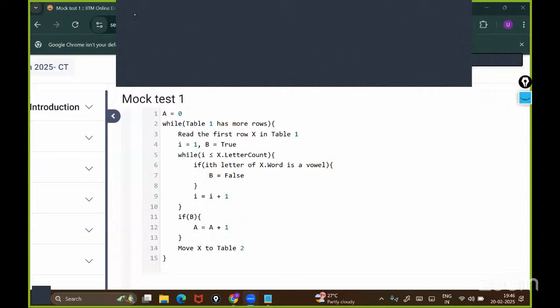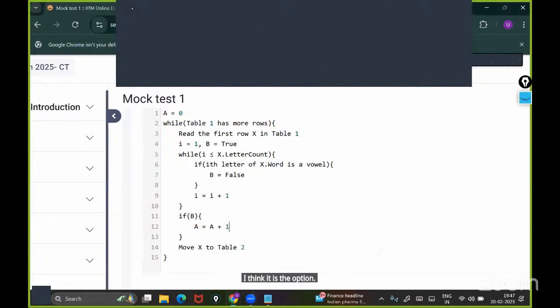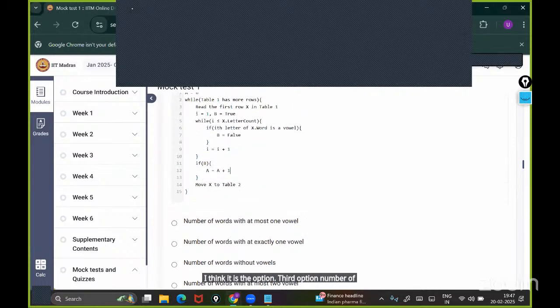I guess the number of words without a vowel. Because B is true when there is no vowel. If there is a vowel, B will become false. I think it is the third option, number of words without vowels.